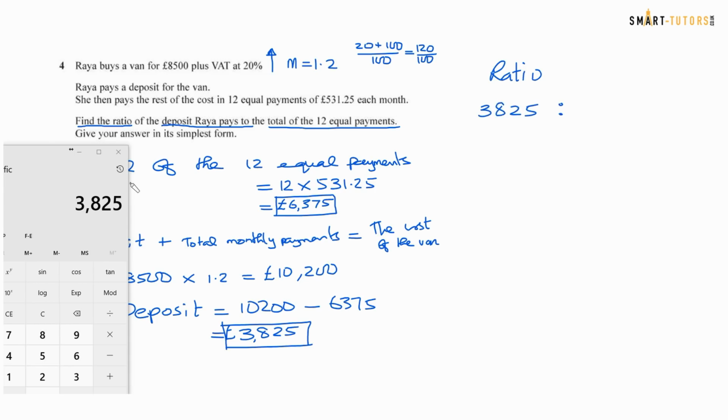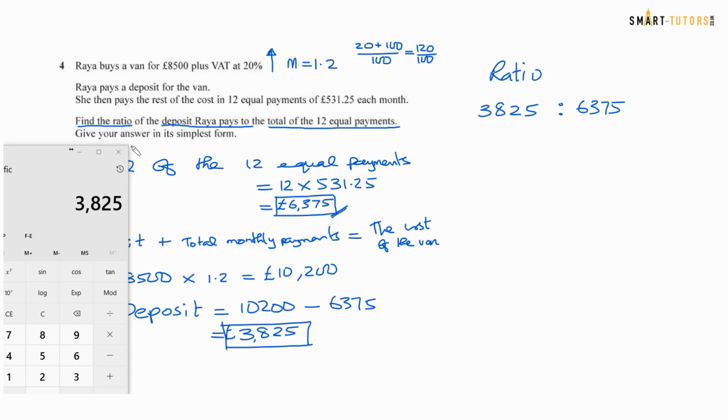Now we need to find the ratio. First they are asking for the deposit, so 3,825 is to 6,375. Be careful with this step, because I have seen other worked solutions on YouTube that used different numbers.